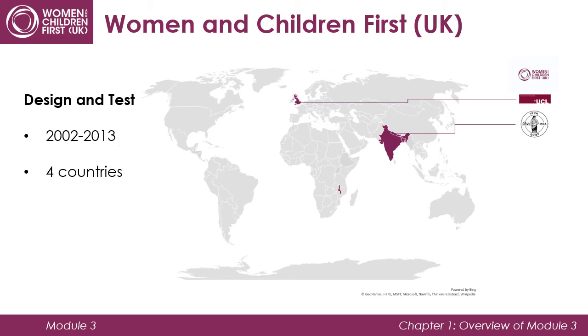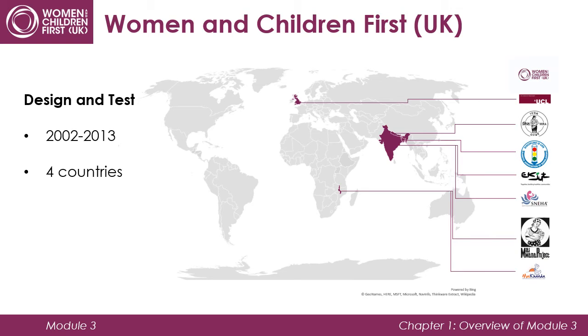This included working with partners to design and test PLA-MNH models through 7 randomized control trials in 4 countries, including Nepal, Bangladesh, India, and Malawi. Through these tests, Women and Children First helped to establish over 2,500 groups and test the impact of PLA-MNH in a population of over 7.25 million people.